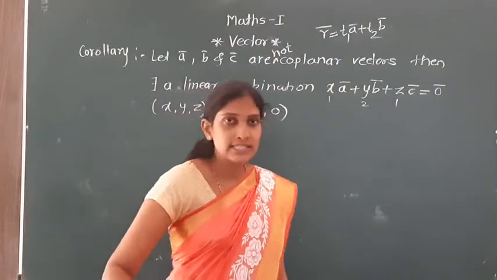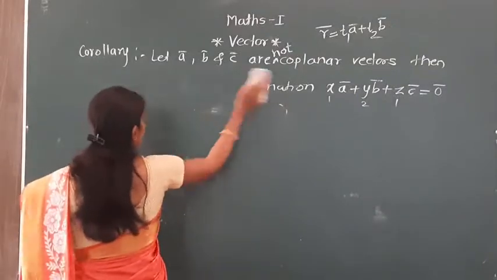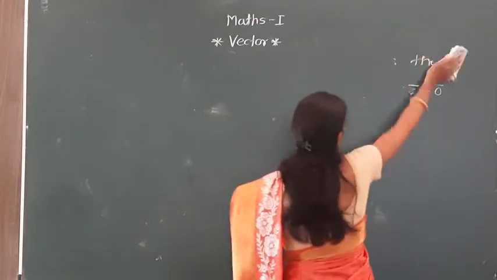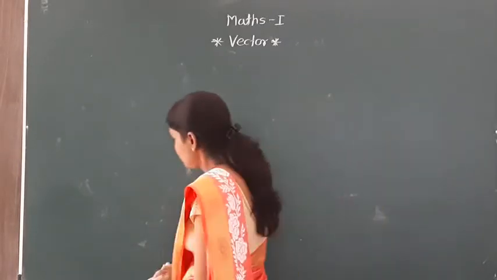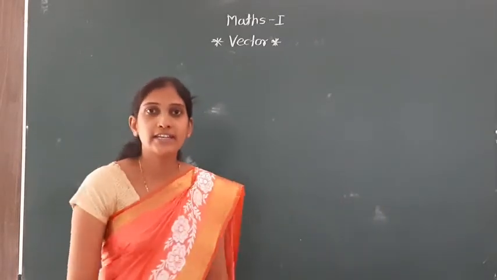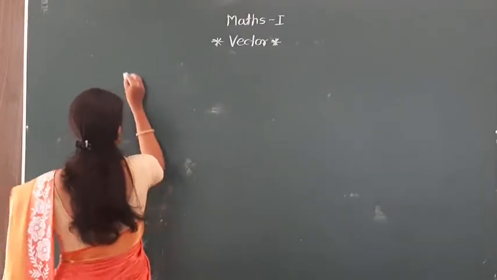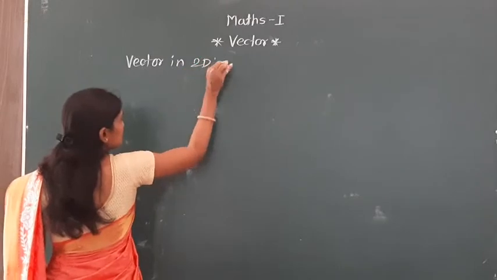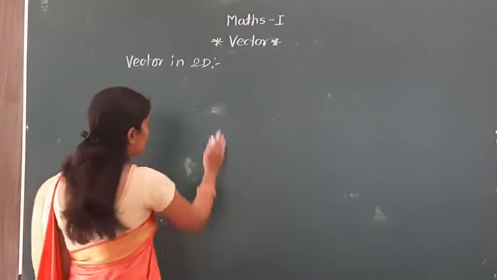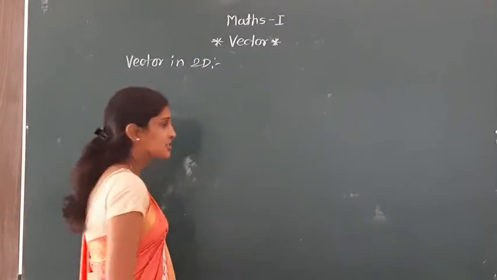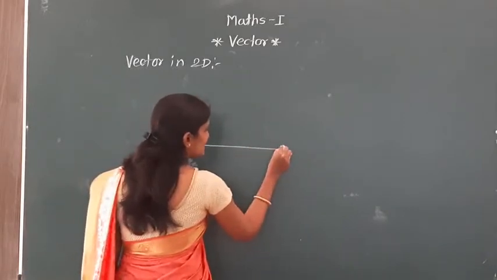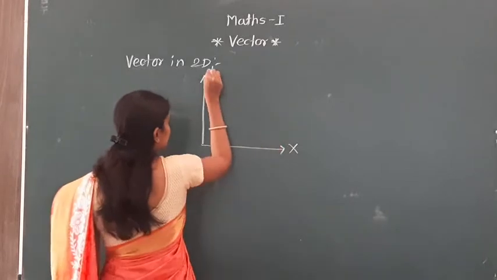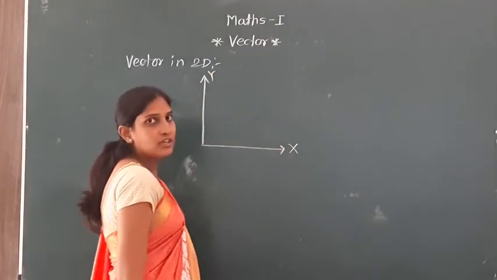Now, the next point is vectors in two dimensions. We all know the two-dimension system. There are two axes, x-axis and y-axis.